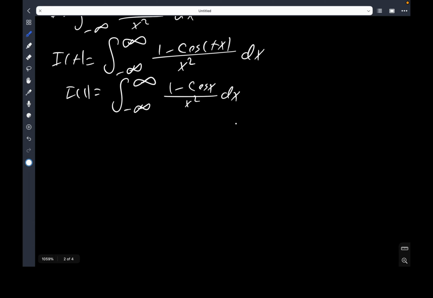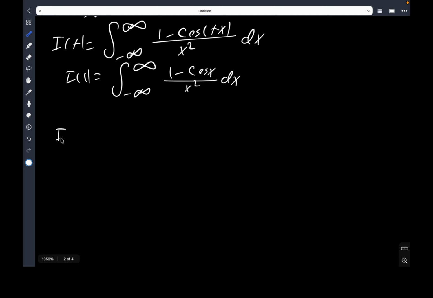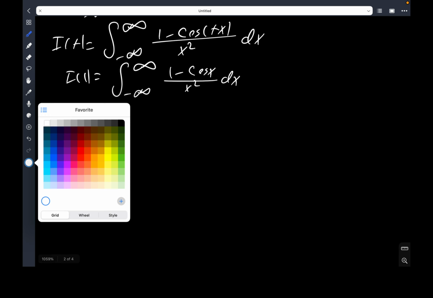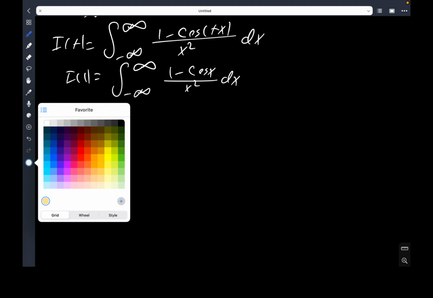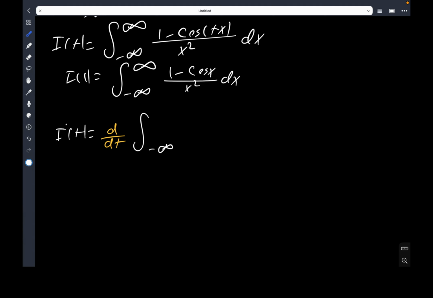So first, I'm going to take the derivative of I of t with respect to t. Thus, I'm going to have I prime of t, the derivative with respect to t of the integral from negative infinity to infinity of 1 minus cosine of tx over x squared dx.